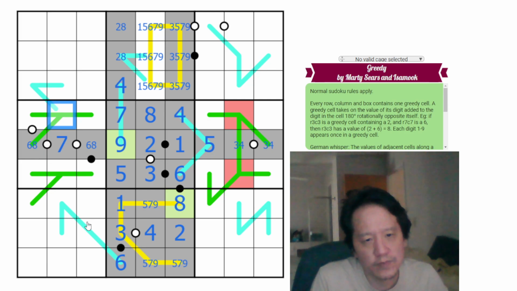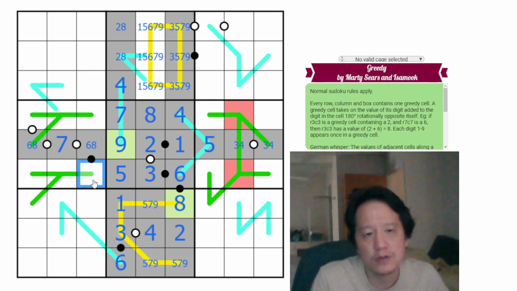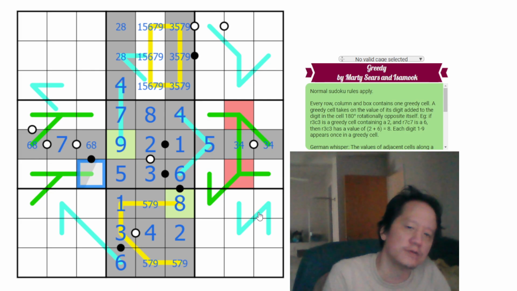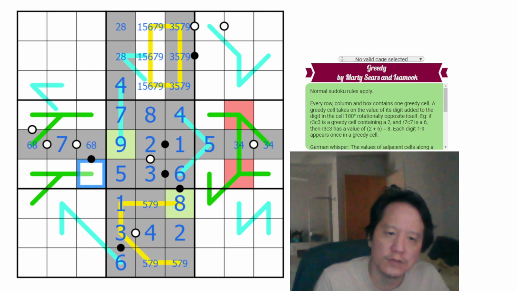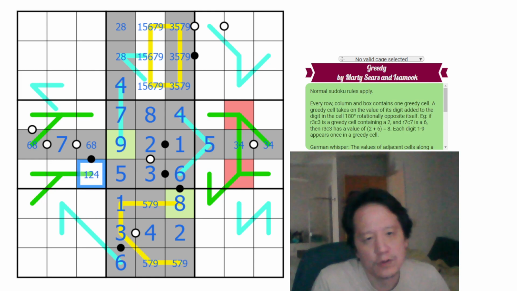This is 6 or 8. It could be a greedy cell, or it could be 4. So it could be 1, 2, 3, or 4. So the 4 would be by itself, and that would be with 8. Or it could be 1 and 2.